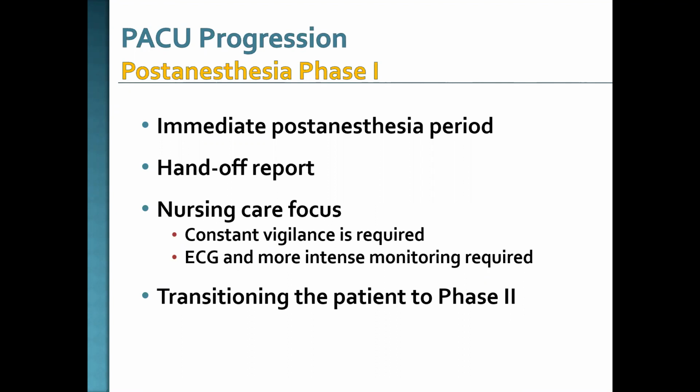Frequent assessment of intake and output is necessary, and fluid balance. Management of IV fluids and medications. This may include some reversal agents for neuromuscular blocking agents given in the OR. Management of catheters and drains. The goal is to prepare the patient for phase 2 or an inpatient unit.